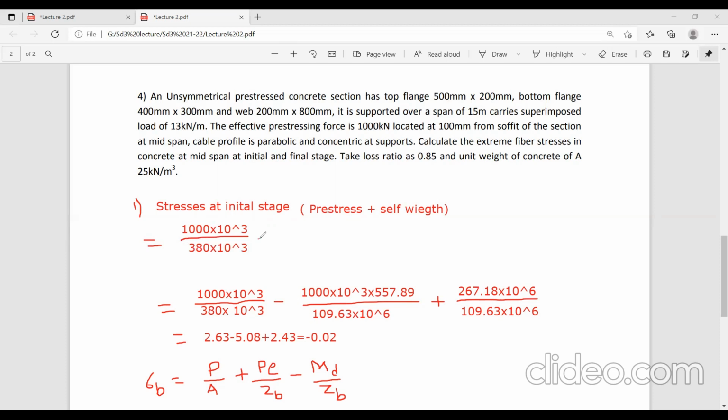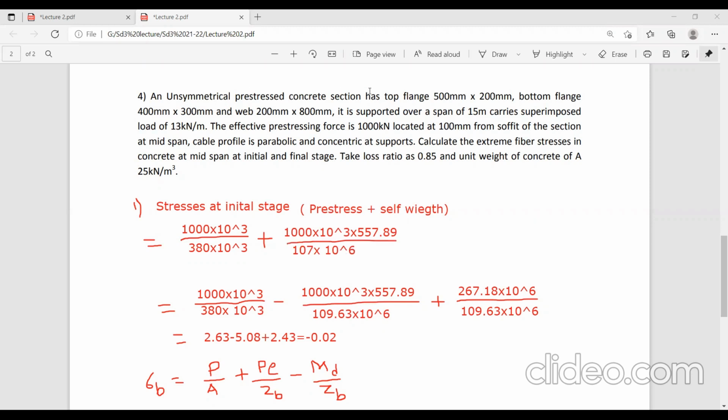Then plus PE, 1000 into 10 raised to the power 3 into eccentricity 557.89 mm. Now section modulus at the bottom is ZB. How much ZB, student? 107 into 10 raised to the power 6 mm cube.